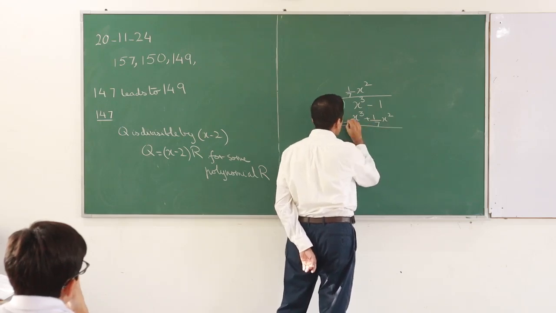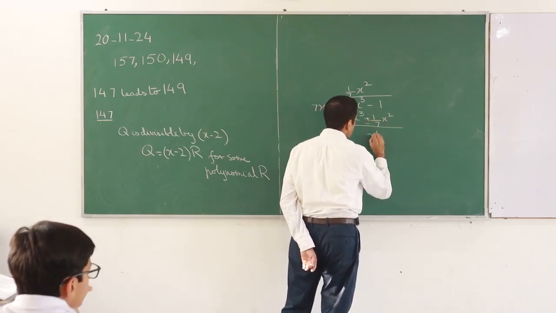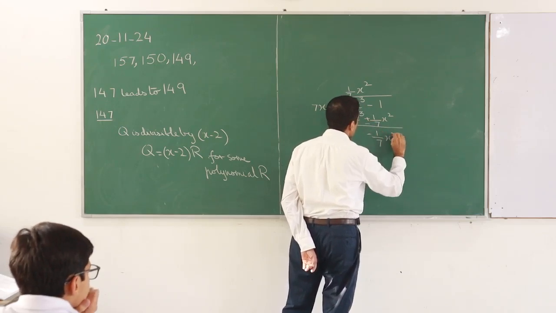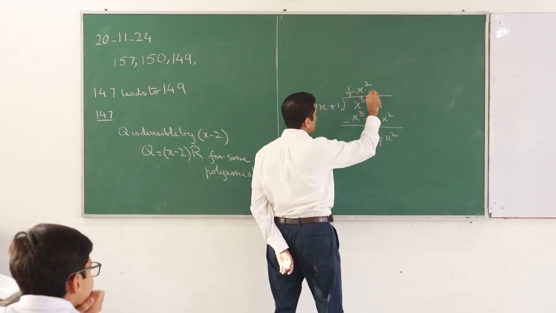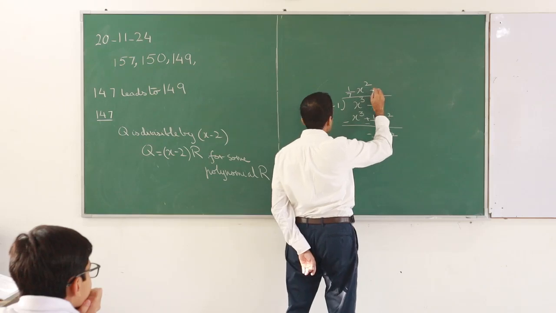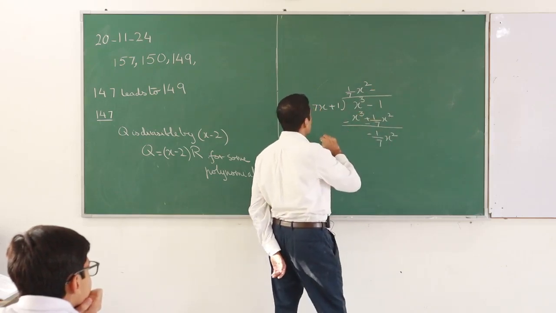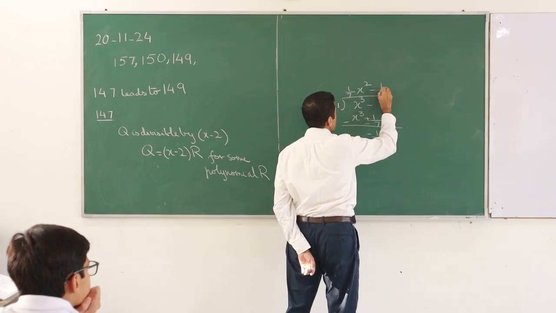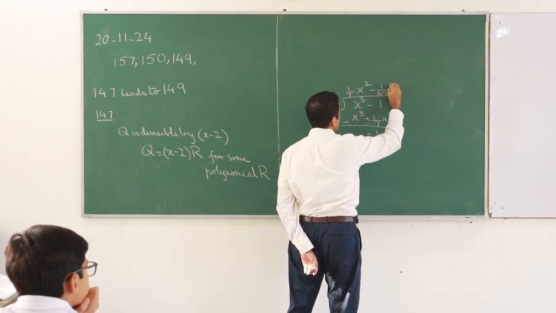Then you will subtract off, and you will get minus 1 over 7x squared here, and then you will multiply it by minus 1 over 49 x, right? And so on and so forth.